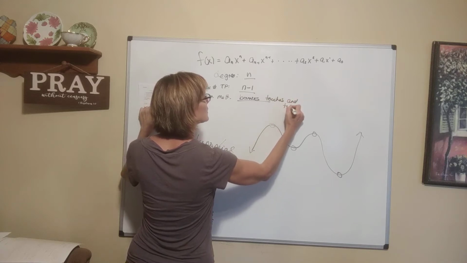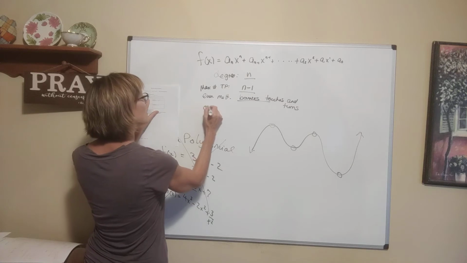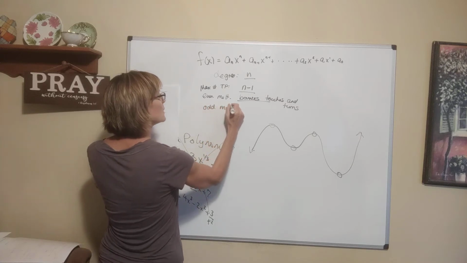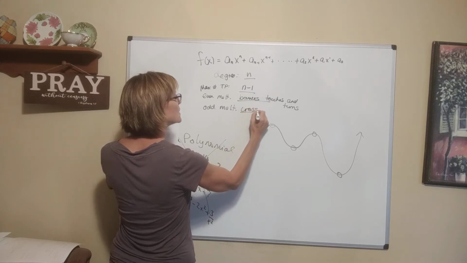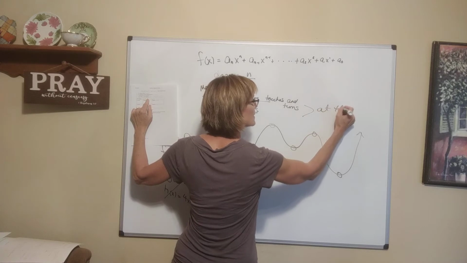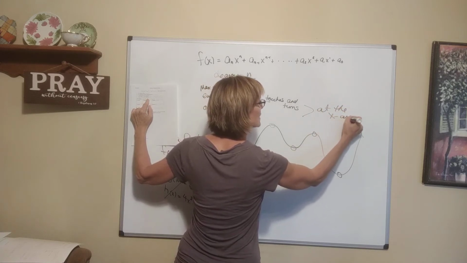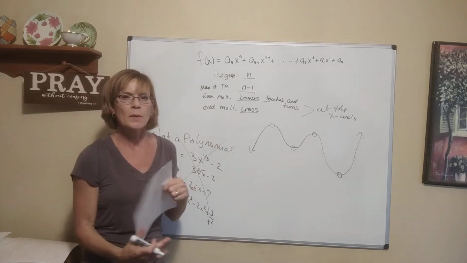A zero with an odd multiplicity, it will cross. This is the behavior at the x-axis. Okay, so we'll understand more about this as we go.